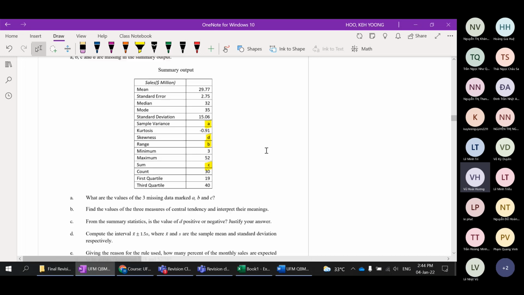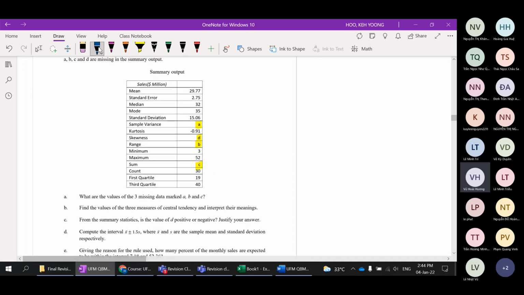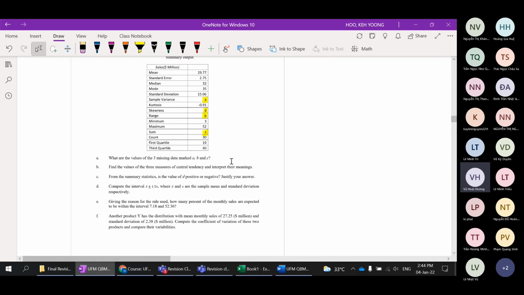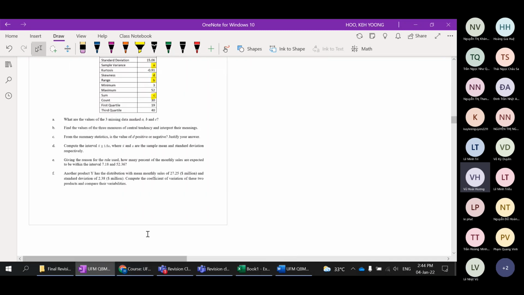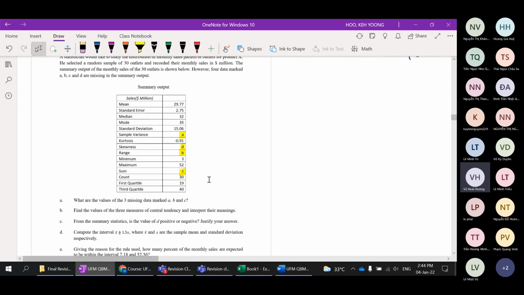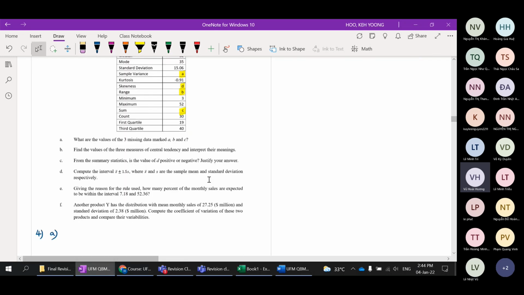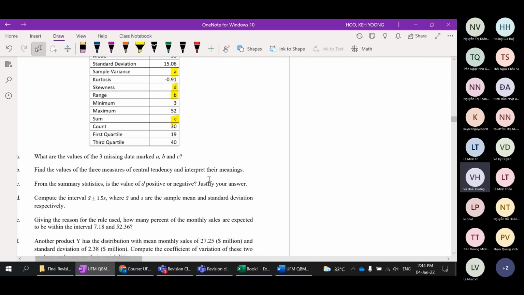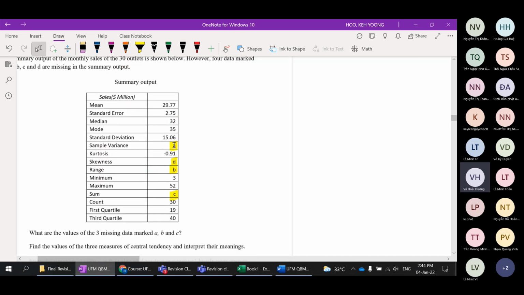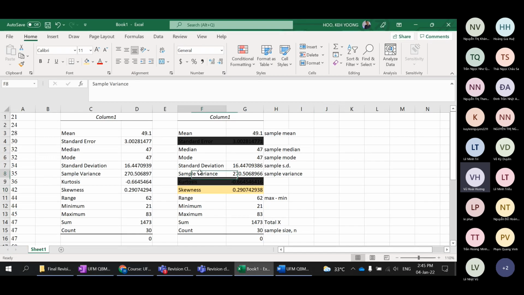Okay, question A: what are the values of the missing values A, B, C, D? A is the sample variance. How do we get this sample variance?